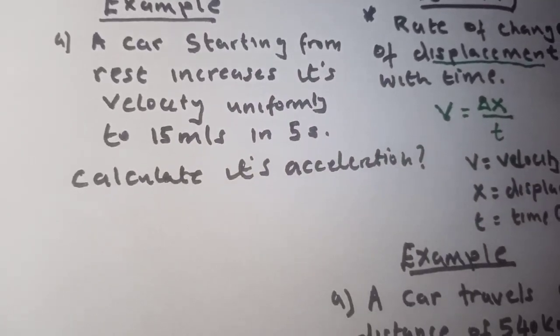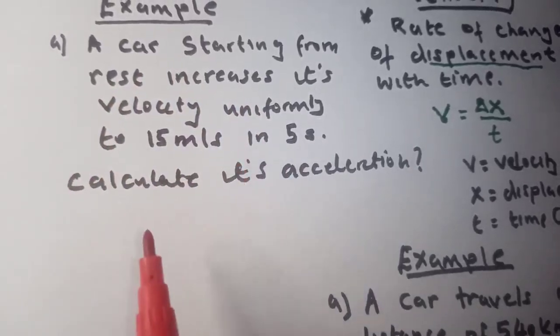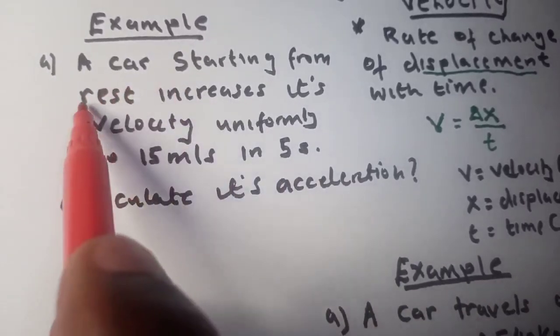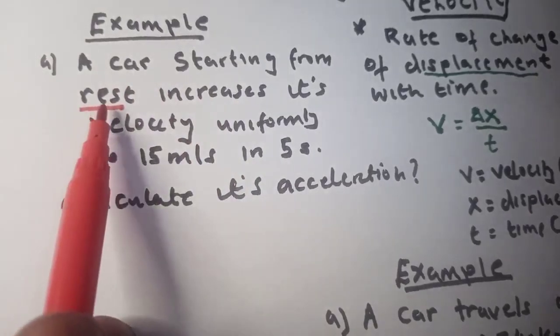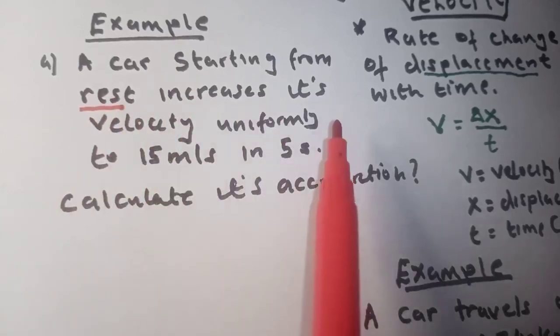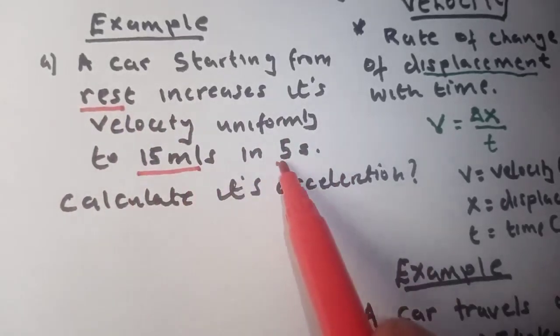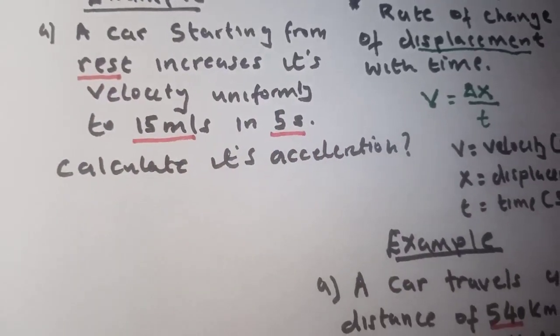So I'll give you a hint here, something that you should always follow. Always read the question and understand first. So the keywords to note is that this car is starting from rest. This is a very important point. It increases its velocity to 15 meters per second in 5 seconds. So let's write our formula.